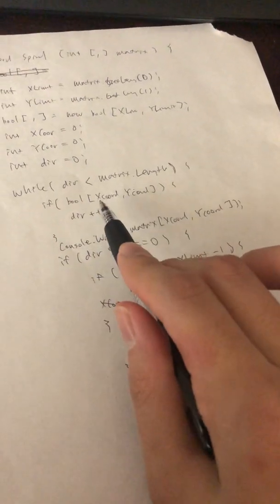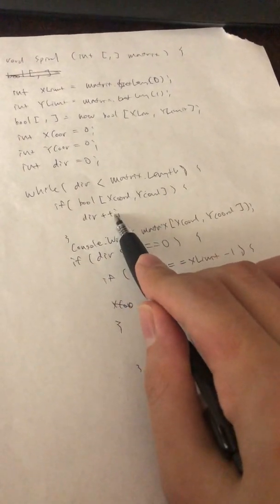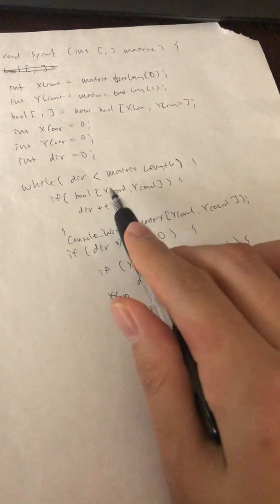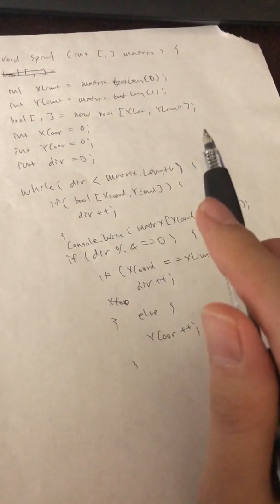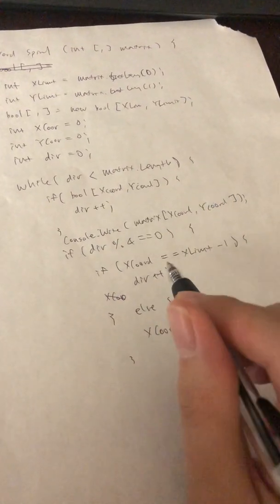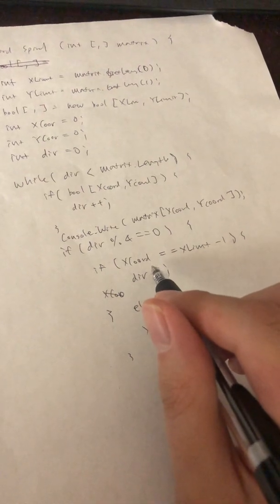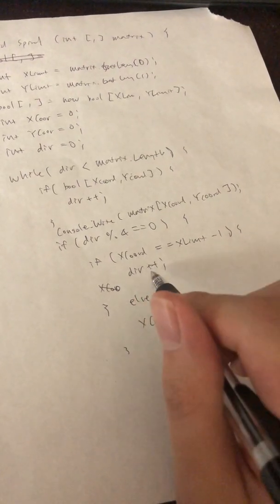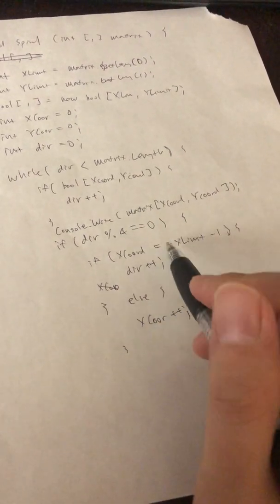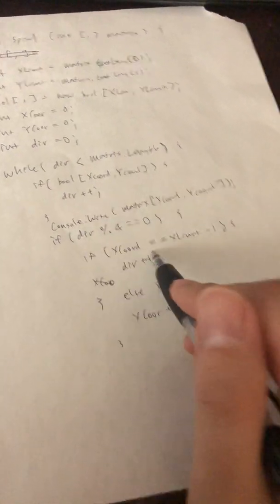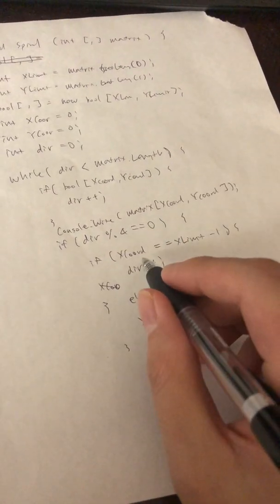So I've checked whether I have visited that thing or not in the current iteration. Even if I visited, that would have already been checked. So I'm okay.